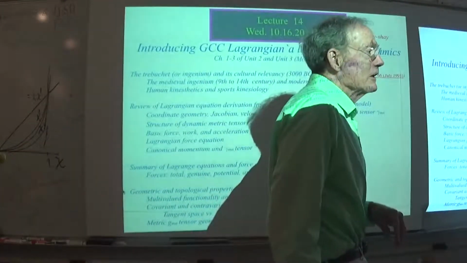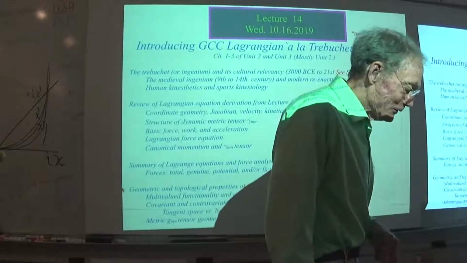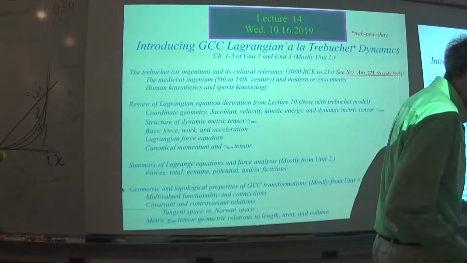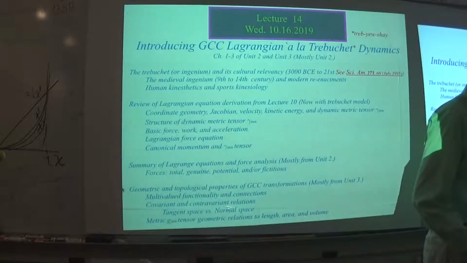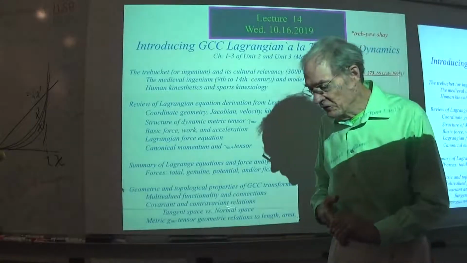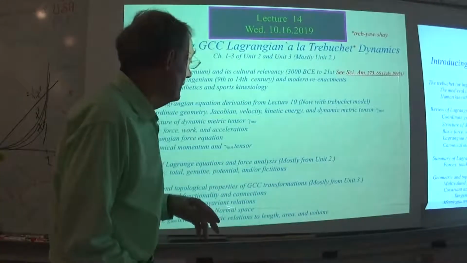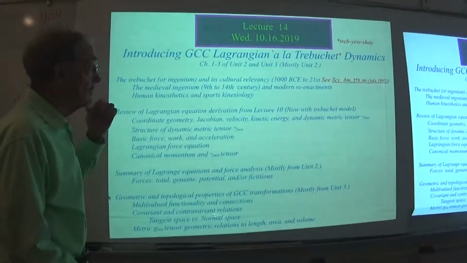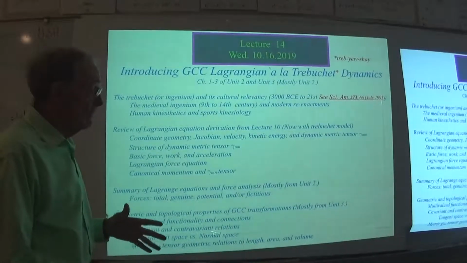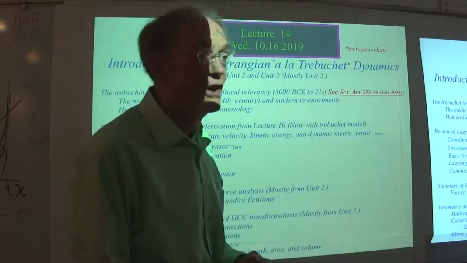Okay, this is the first day of the classical mechanics class, where we're going to do the Lagrangian for something that works. The basic idea of the lecture today is to get the algebra out of the way, get the Lagrangian equations derived. And we're going to do it for a system that is an ancient war machine, the Trebuchet.